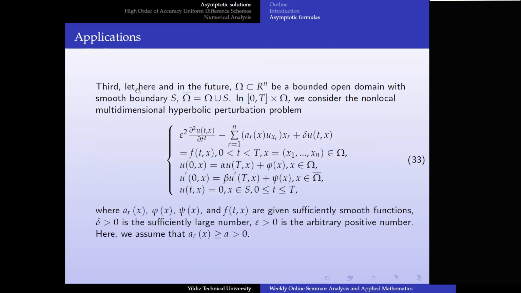And third, we consider the m-dimensional bounded open domain with smooth boundary. We consider the non-local problem satisfying the following conditions.